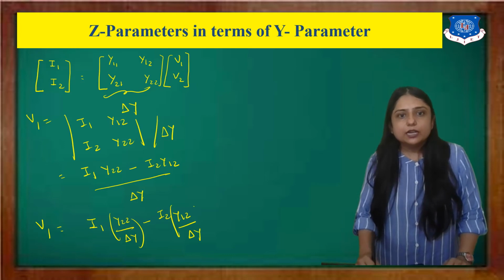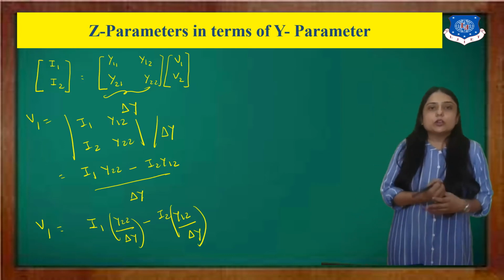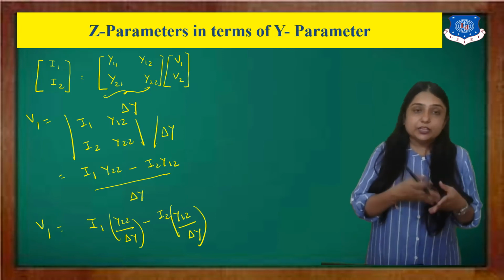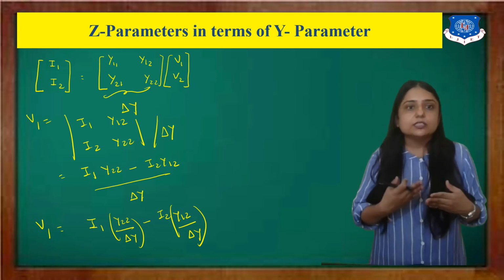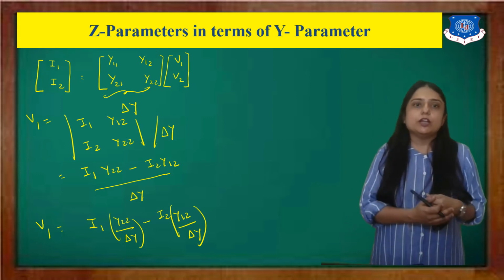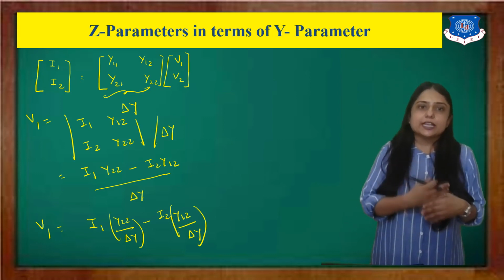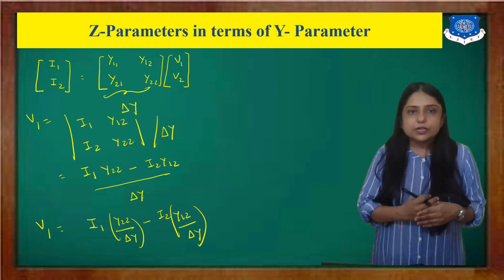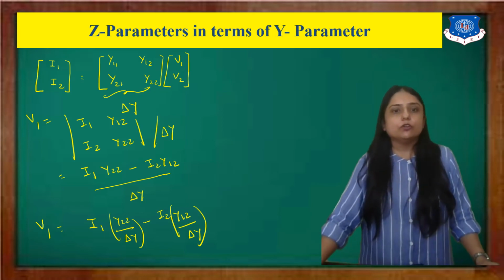Because we want to find the relation between z and y, and the equation of z is in terms of V1, that's why I found the value of V1. And the second equation is in terms of V2, so from this matrix we have to find the value of V2.